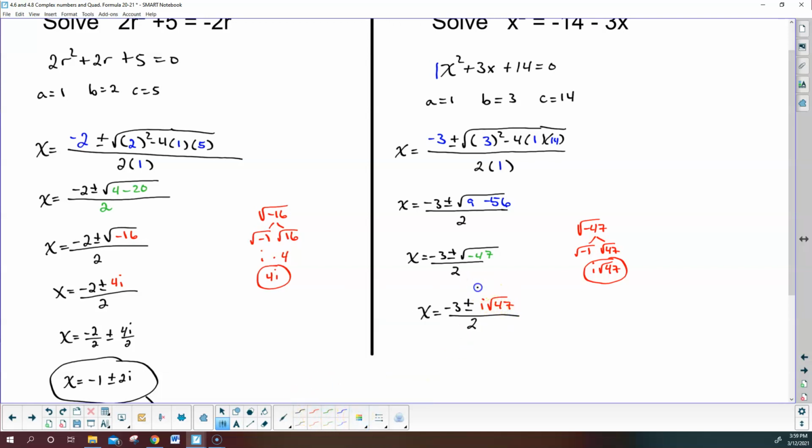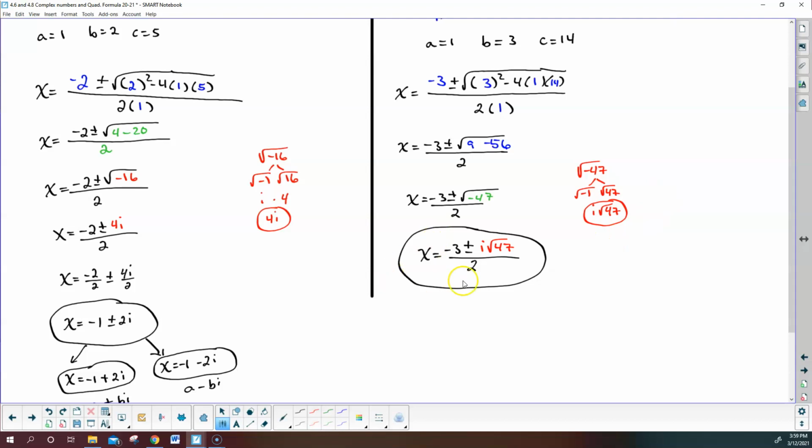Now, like we had said before, this is actually a better, more condensed way to write our answer. We could write it like this, and notice 2 is not going to divide into 3, and 2 is not going to divide into i, so writing it separately doesn't really help us much. The only reason why you would write it separately is if Delta Math requires you to, and in that case, I would write it like this.